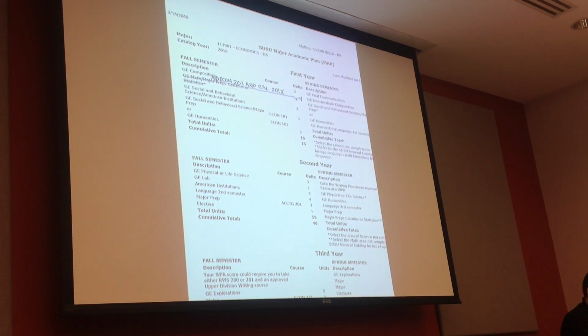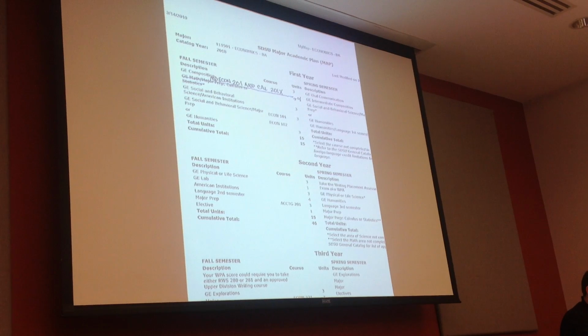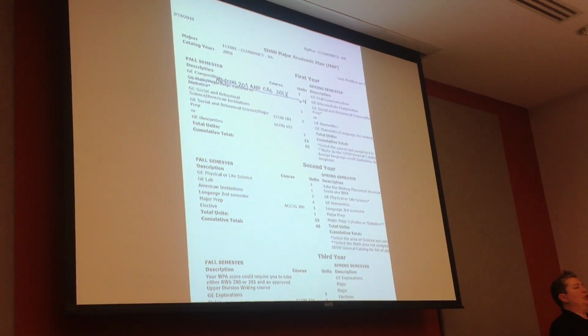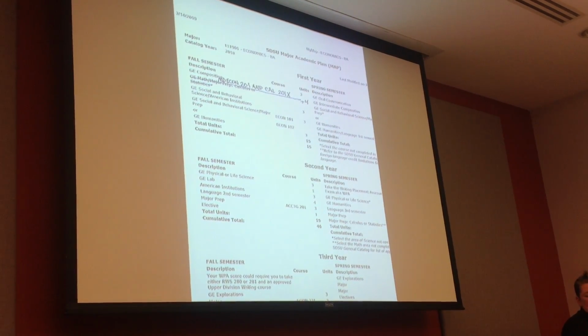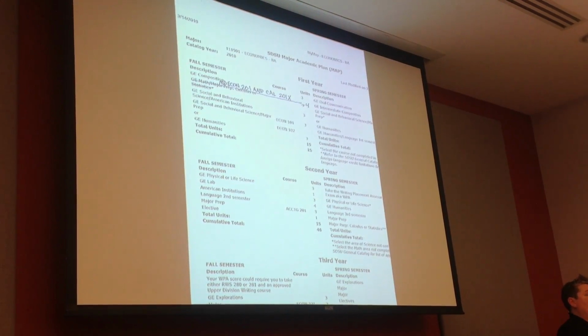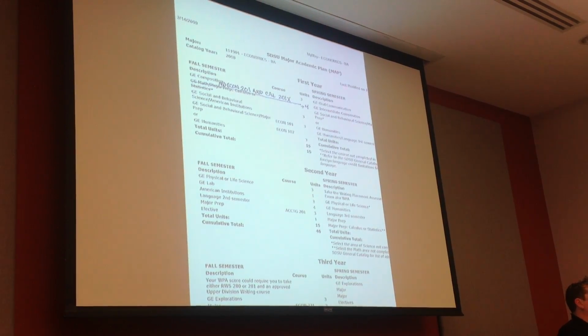But since it's for Econ, why doesn't it already come with Econ written on it? I'm going to guess it's because they're allowed to pick between their stats classes. My guess is that when you look at the degree evaluation for an econ major, it's going to have a whole list of stats courses that are eligible. So Econ 201 is just one stats class.